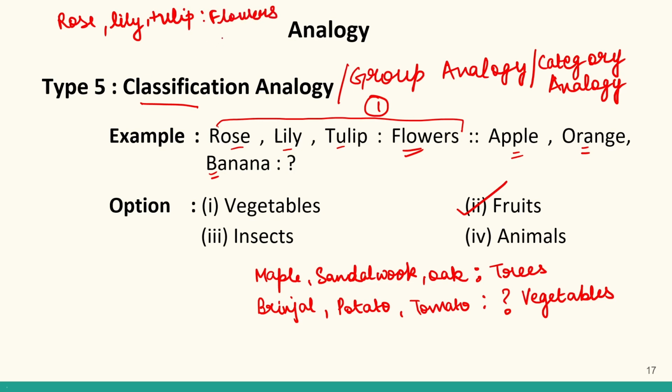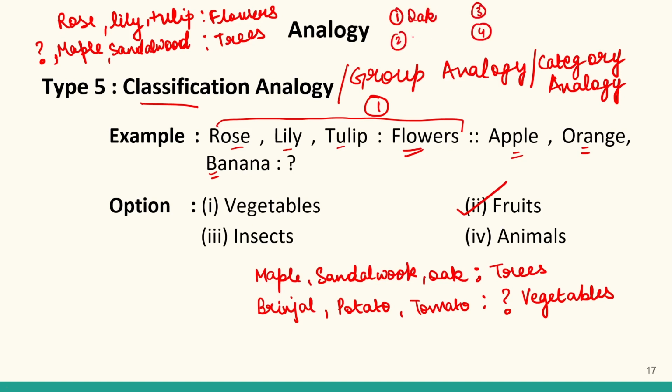And we were given, let's say, trees, and we were given maple, sandalwood, to find another element which would fall into this category. Let's say the options were oak, right? Then apple. Then we had an option of, let's say, brinjal. And then we had an option of lemon.